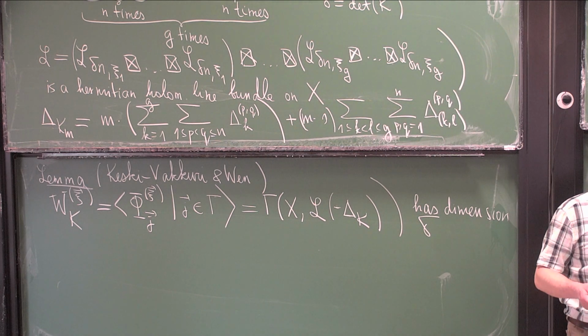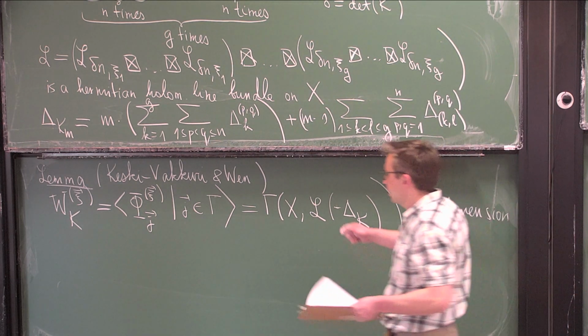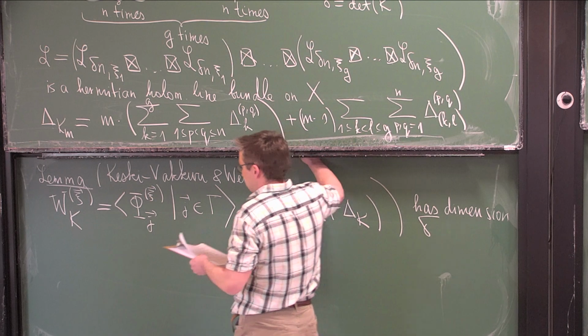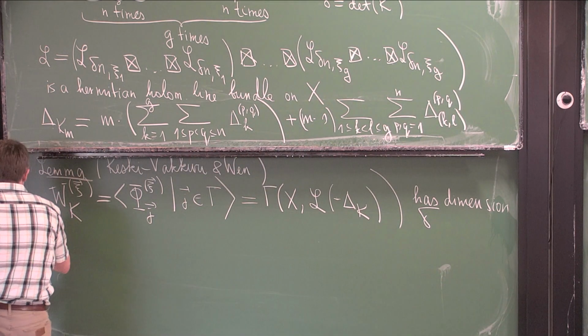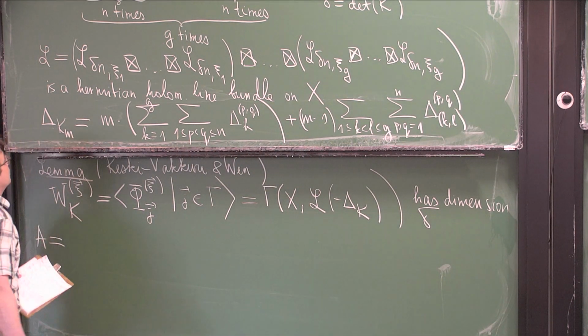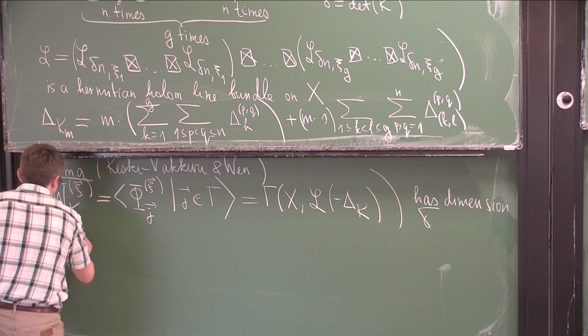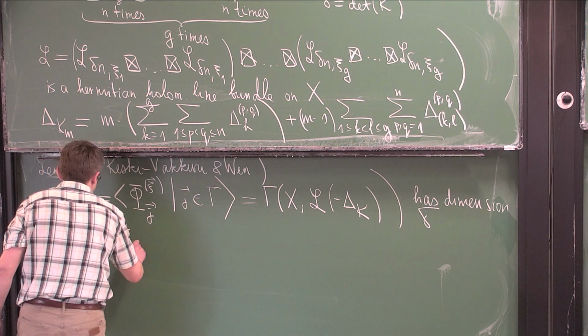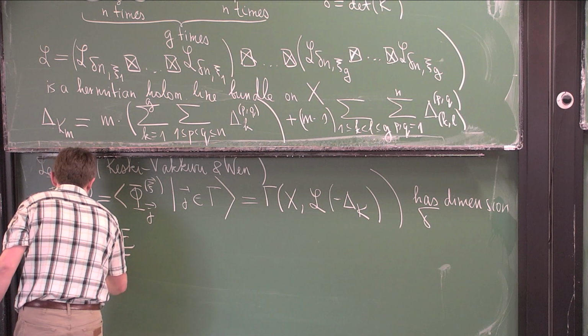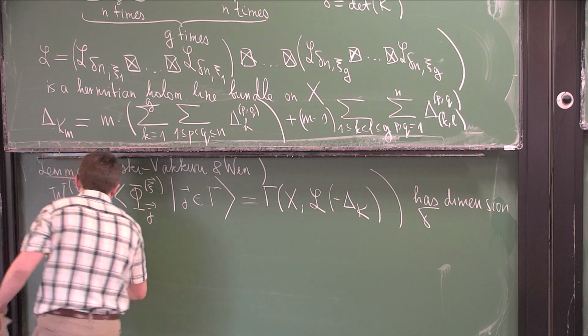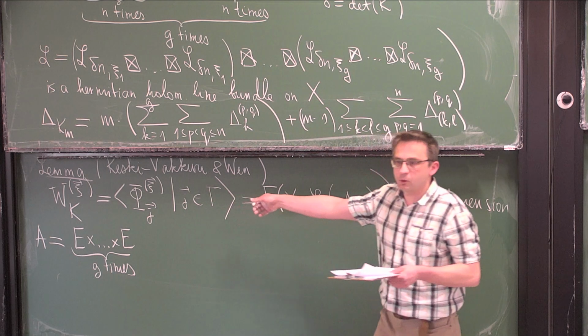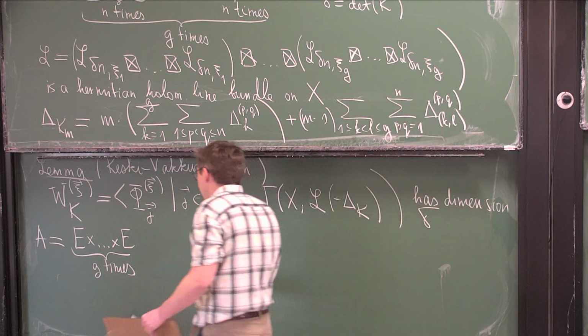Now let me state the main result. Consider a complex torus A, the self-product of my torus G times.